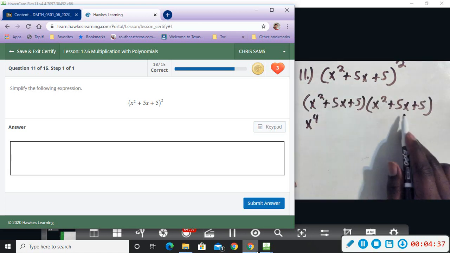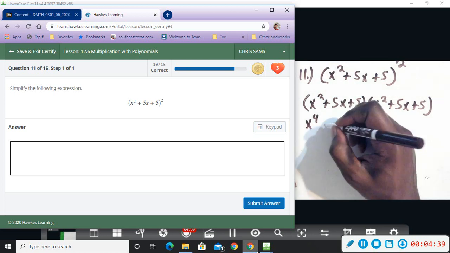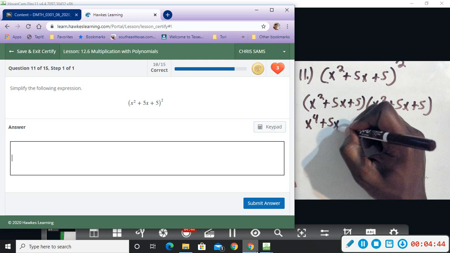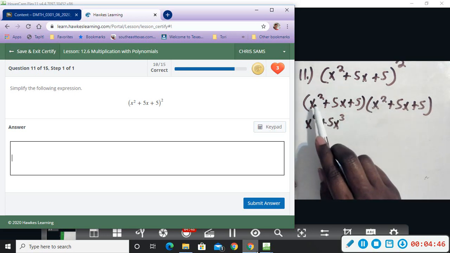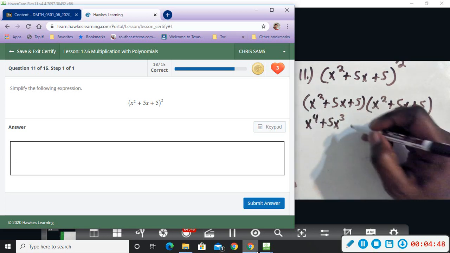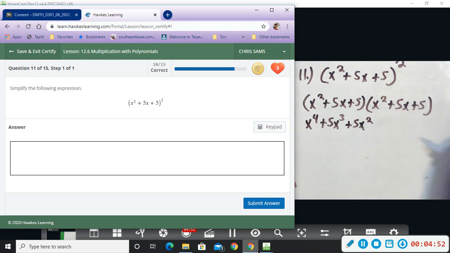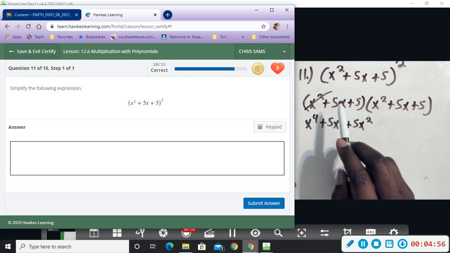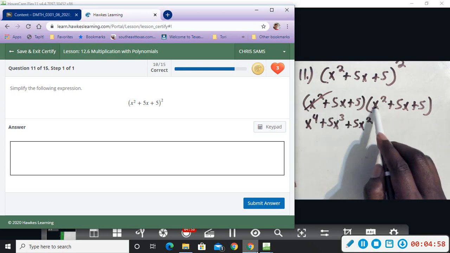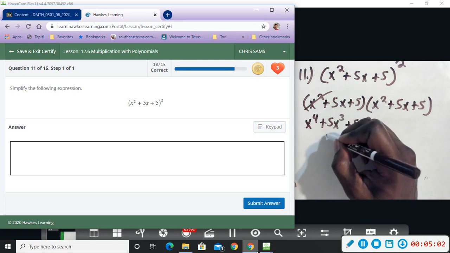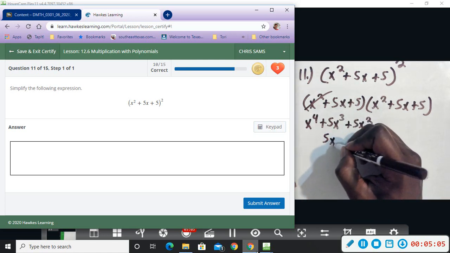Now x squared times this 5x will give us the 5 out front, 2 plus 1 will give me x to the 3rd. Now x squared times this 5 at the back will just give me 5x squared. Done with this term. Now 5x times this x squared gives us 5, and 1 plus 2 is 3, so 5x to the third.